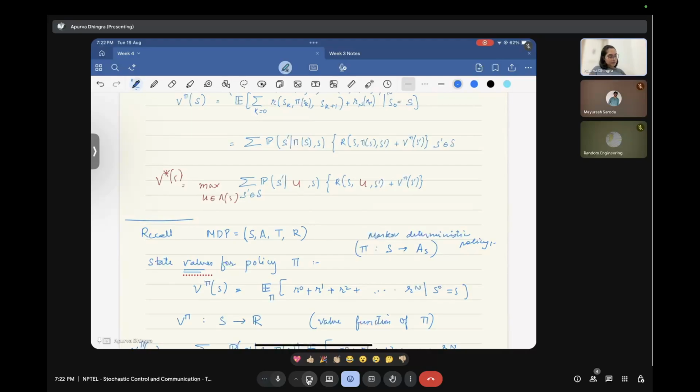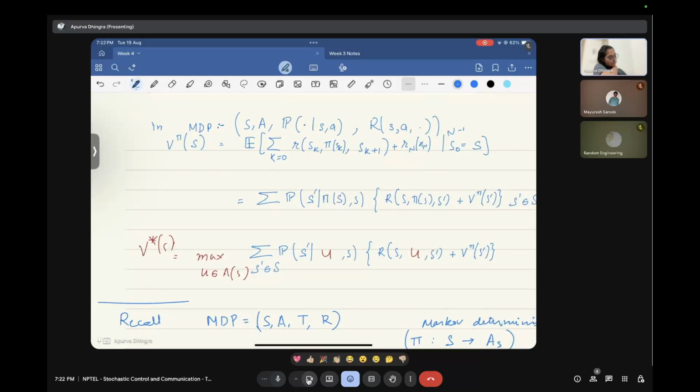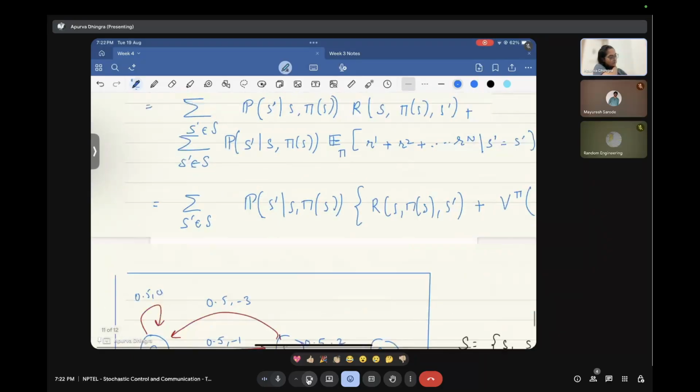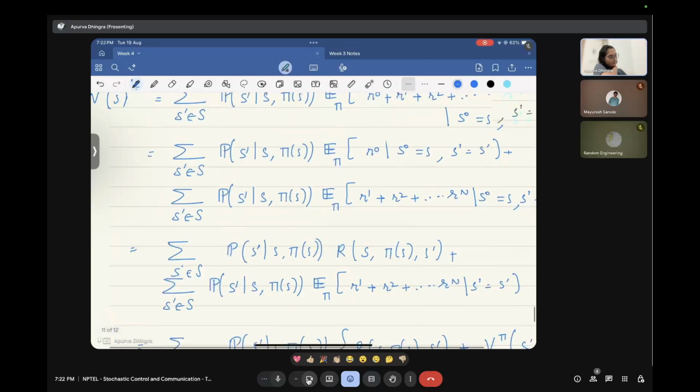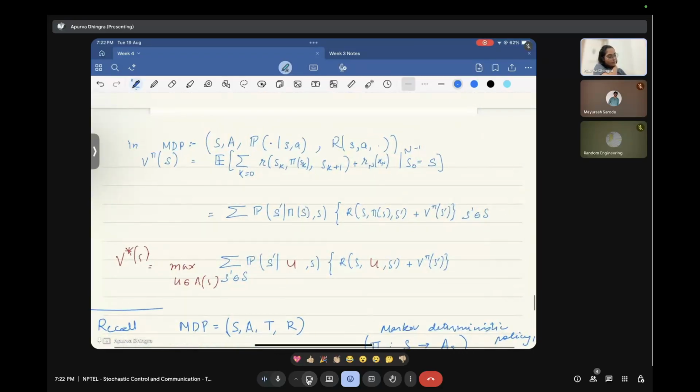Alright, so if we are talking about an MDP, this is the part that I've already written. Let's see if we get to the problem. We have a state space, we have some actions available corresponding to each state in the state space.